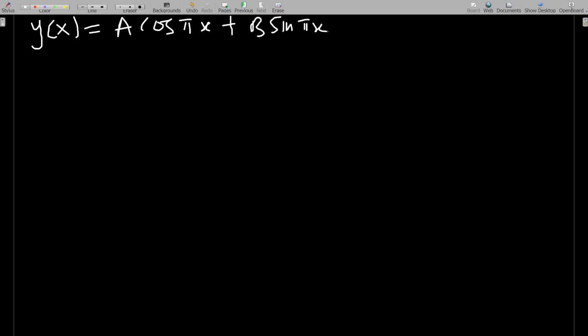Okay, it means that my Green's function should take this form.